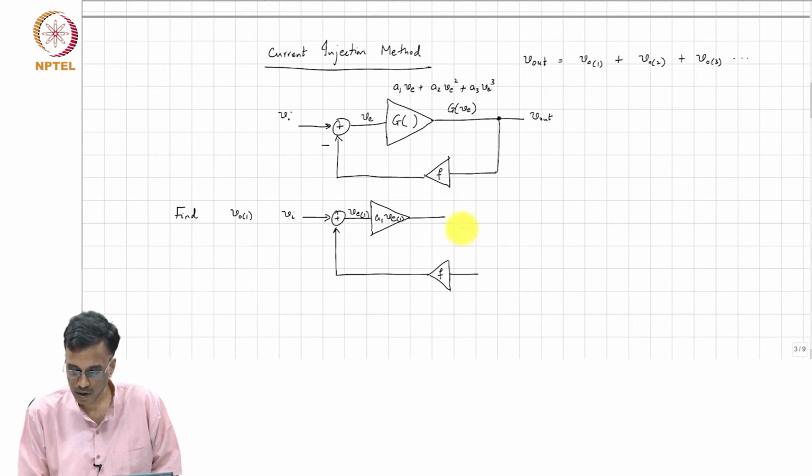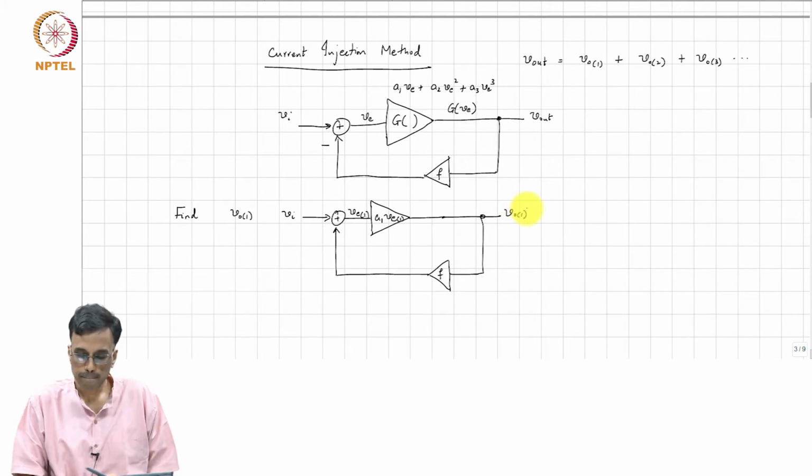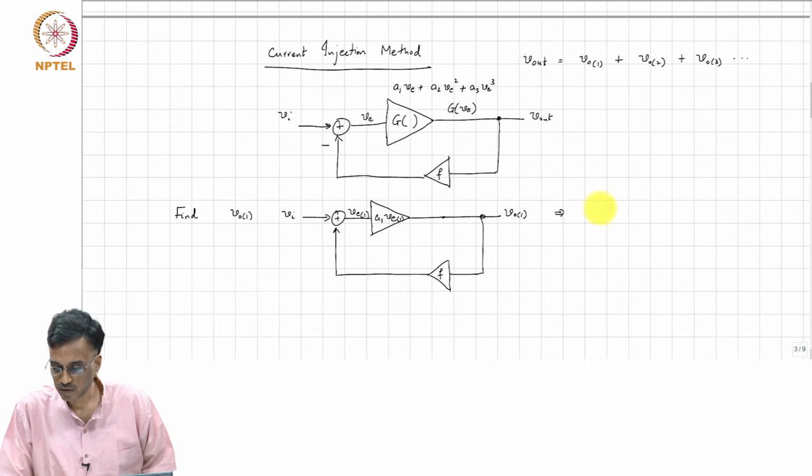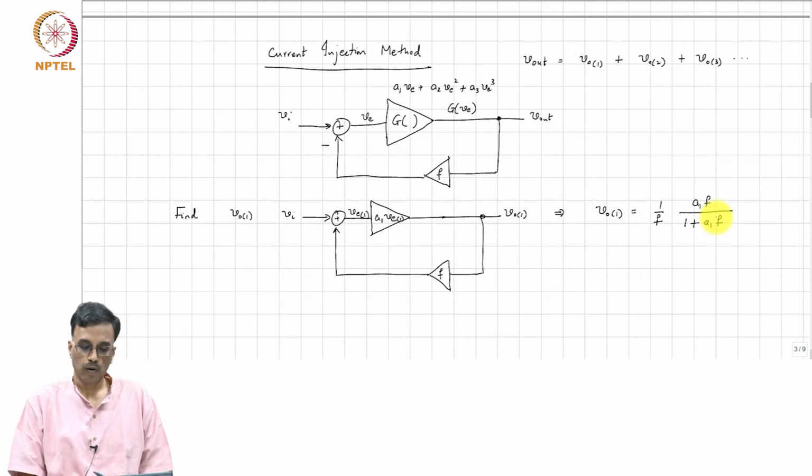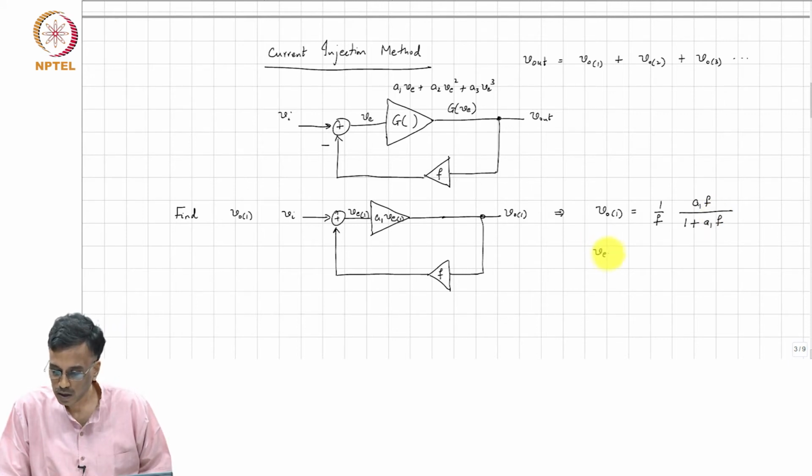This is F and this is VO1. And that is very straightforward. VO1 is nothing but 1 by F times A1F by 1 plus A1F. Okay. And what is VE1?